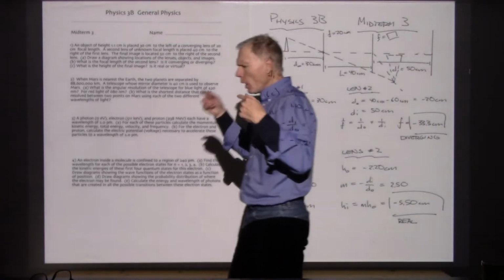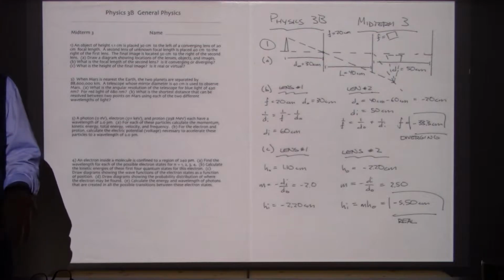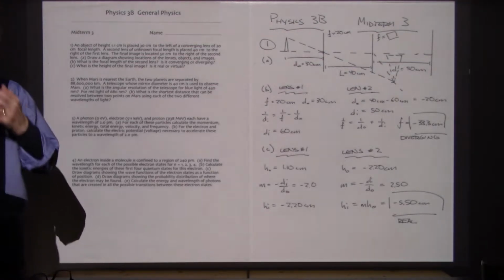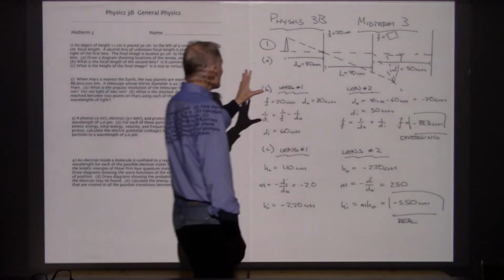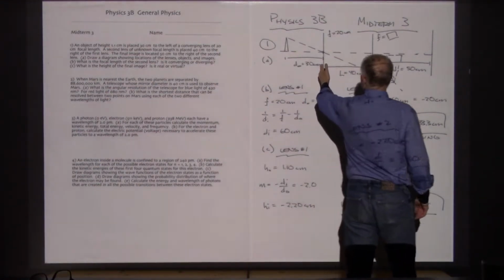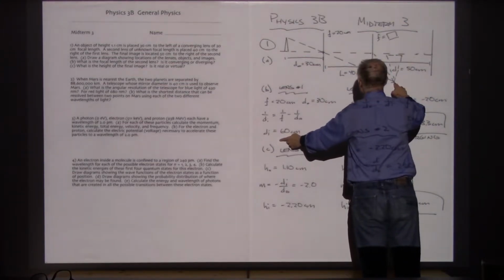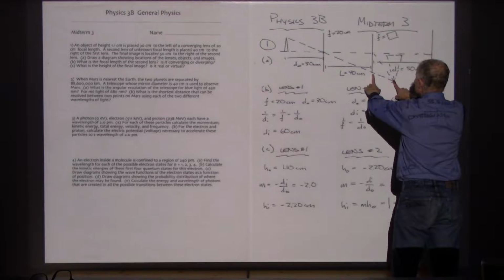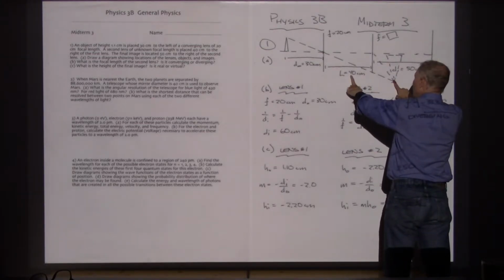So that's all calculations that I have to do kind of conceptually. There's not one formula that's going to tell me exactly how to bring those numbers together. So I'm using my diagram and saying from here to here is 60 because that's the DO for lens 1. From here to here is 20 because I took 60 and subtracted off the 40.